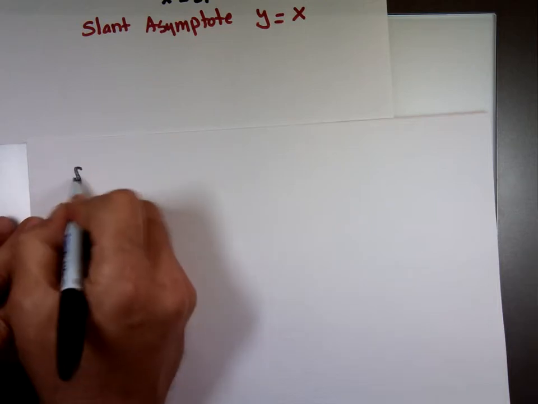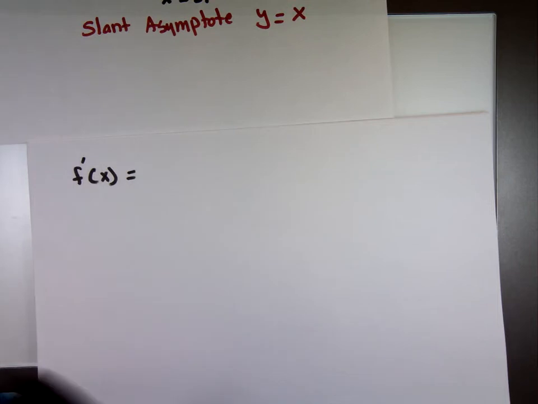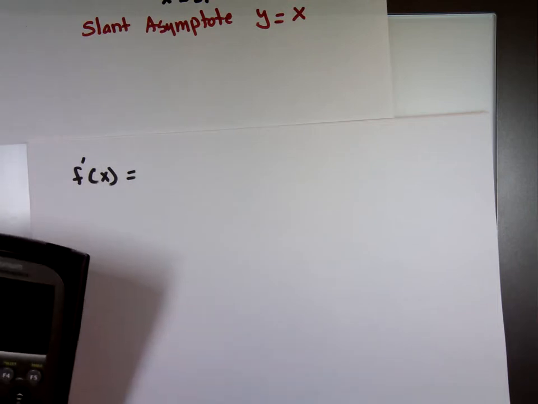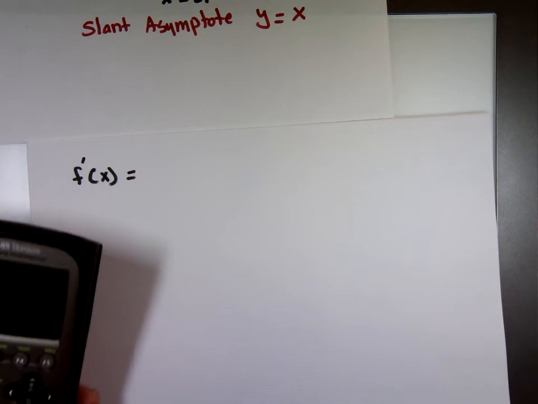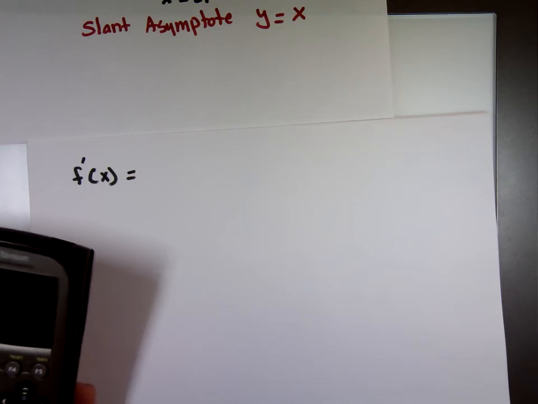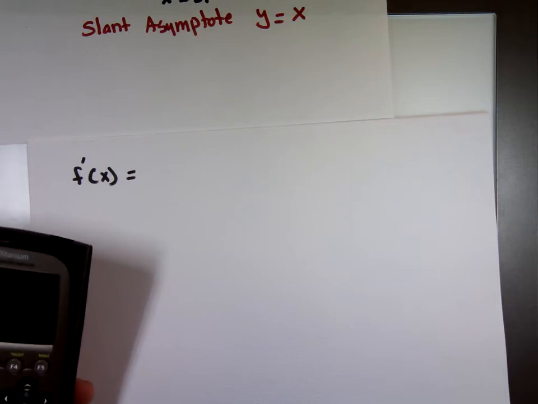What's the derivative of x? And again, go to my cheating friend here. I want the derivative of x to the third divided by parentheses x squared minus 81.